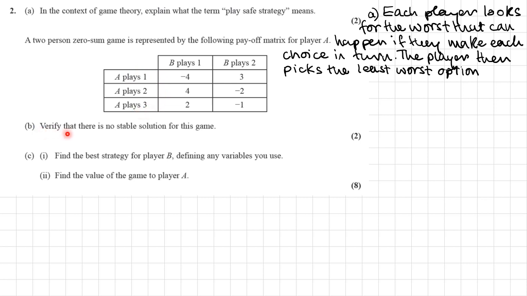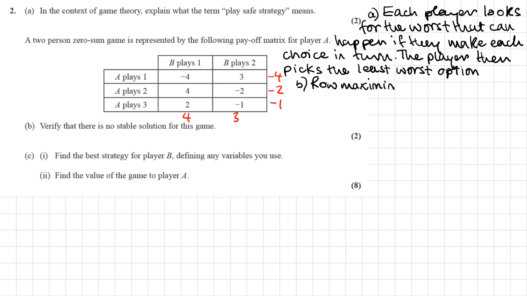Part B, verify that there is no stable solution for this game. So we're going to start by writing down the minimums for each row. And that's going to be -4, -2, -1. And then the maximum for each column, and the maximum for each column is 4 and 3.